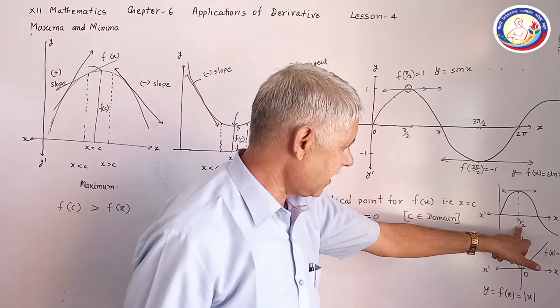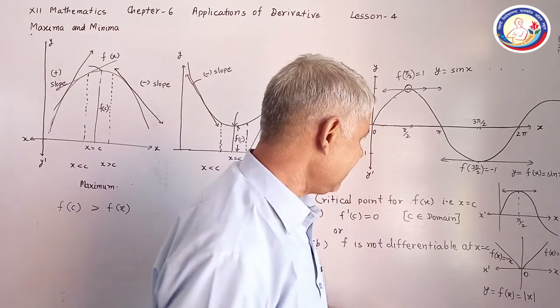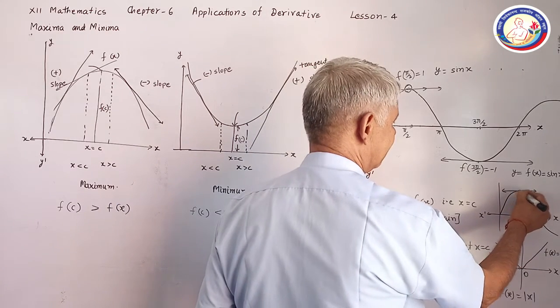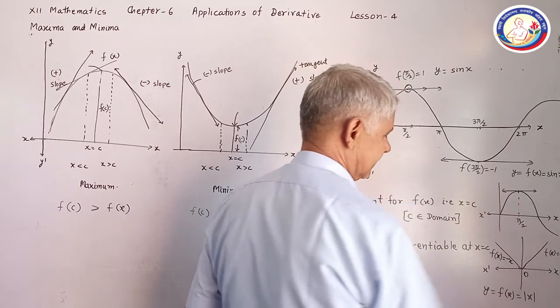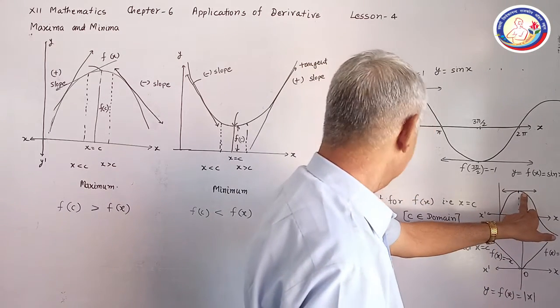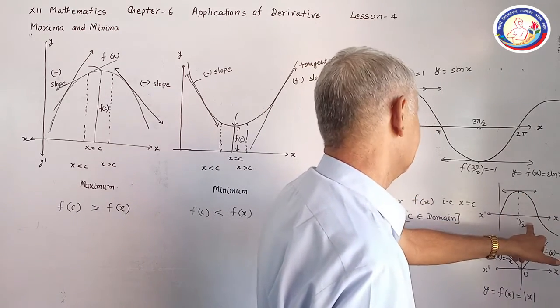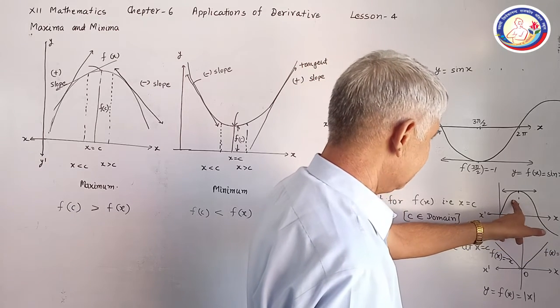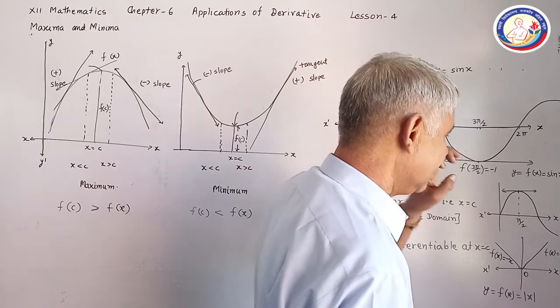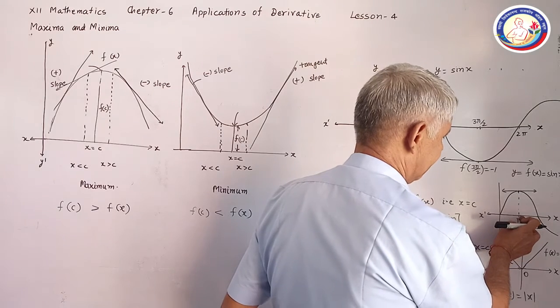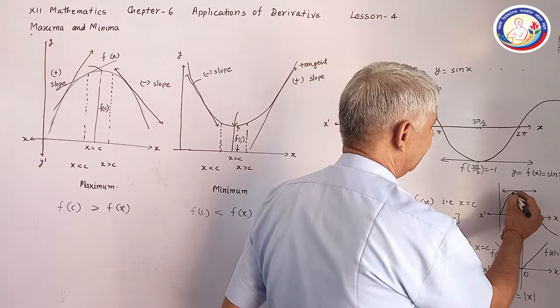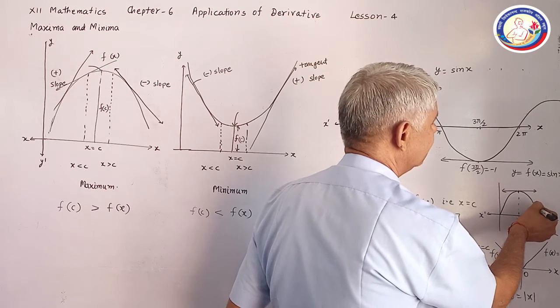Now see these two conditions. If this is a sine graph, then at x equal to pi by 2 it will be a critical point where the nature of the function changes. Before pi by 2 it is increasing, and after pi by 2 it is decreasing.